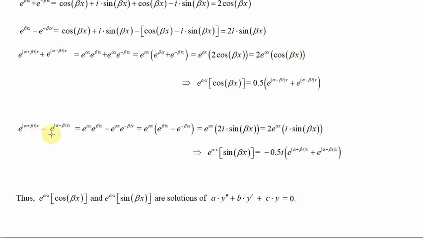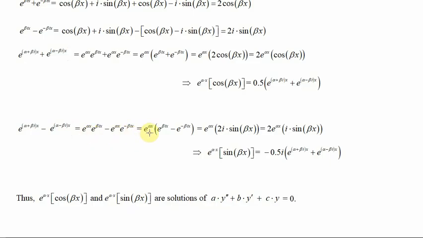And now instead of the sum here, let's look at the difference. This expression is e to the alpha x times e to the beta ix. And then this part here will be e to the alpha x times e to the negative beta ix.